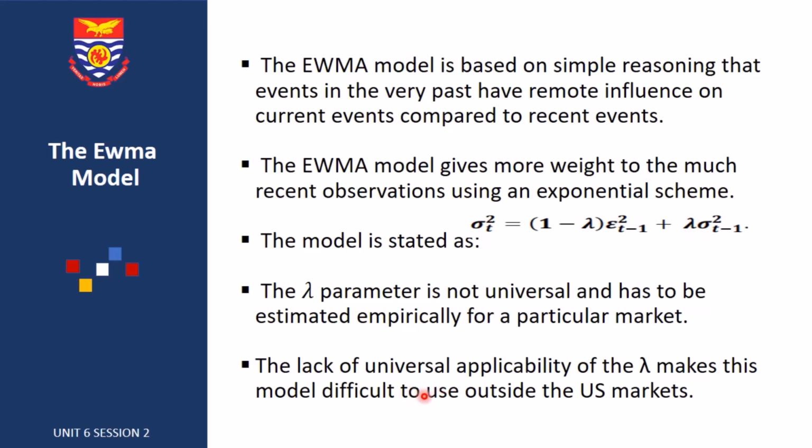As important as this model was, it also came along with its own limitation, and that was the lack of universal applicability of this lambda, therefore making this model very difficult to be used outside its country of development. So there was a need for econometricians and other analysts to come along with different models that will help us in estimating risk.